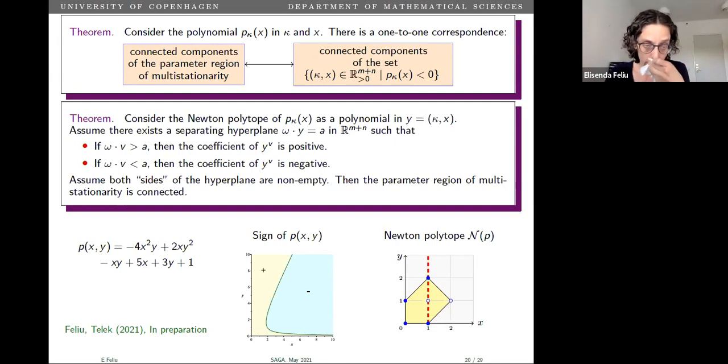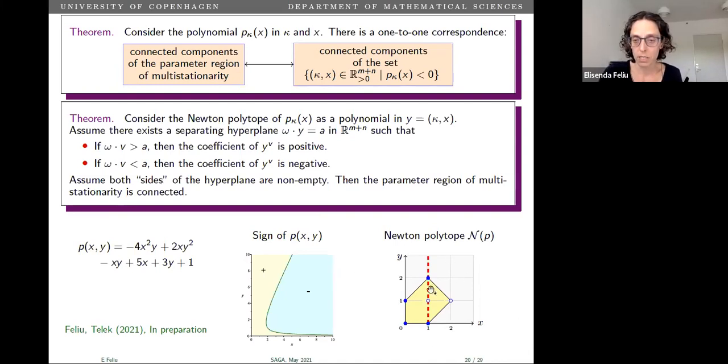And it says the following: assume that there is a separating hyperplane in the space of parameters, so the variables of the polynomial, such that on one side I only have points that correspond to coefficients that are positive, and on the other side, I only have points that correspond to coefficients that are negative.